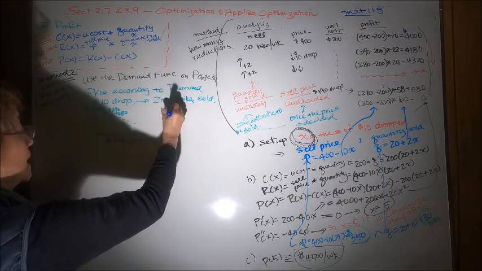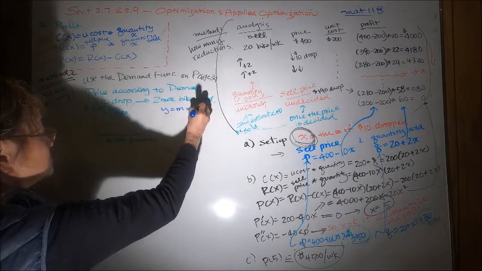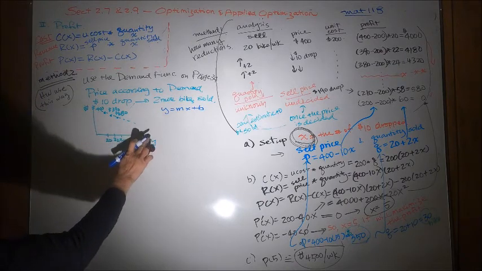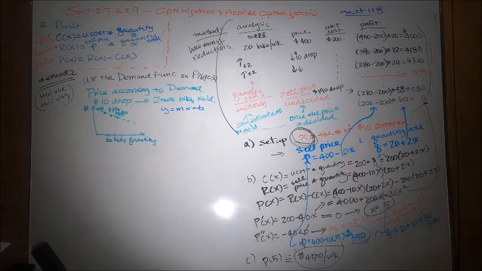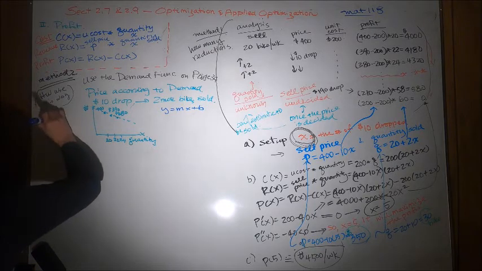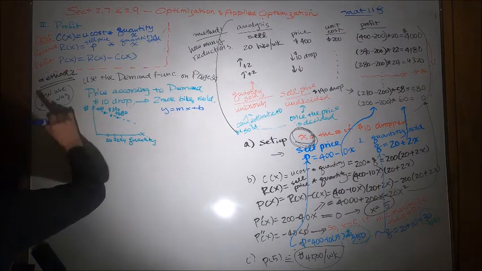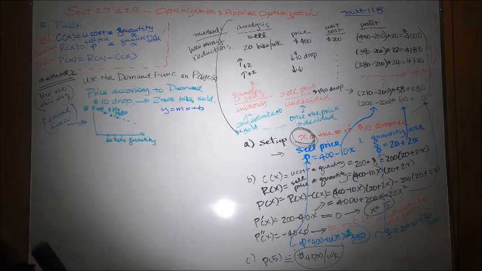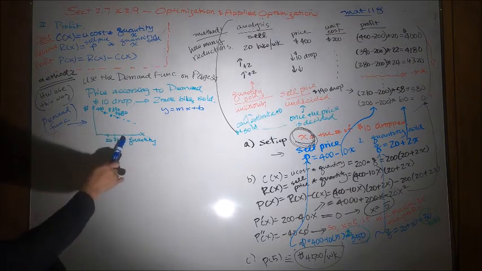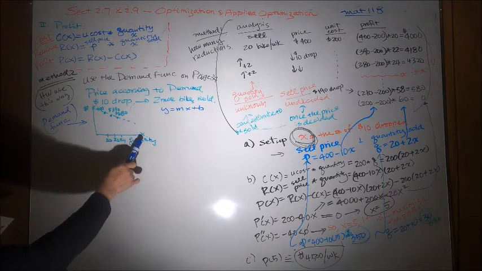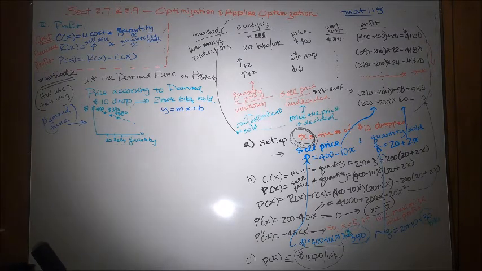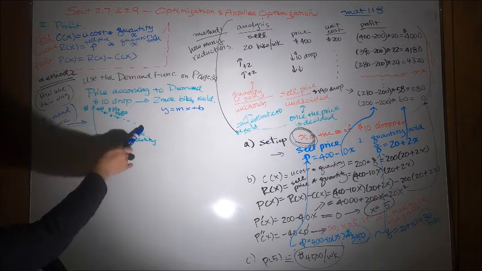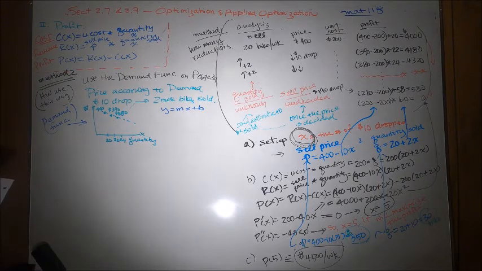We say y equals what? mx plus b. We want to find this function, the demand function. Price is according to the demand quantity. Okay, so that's the equation.